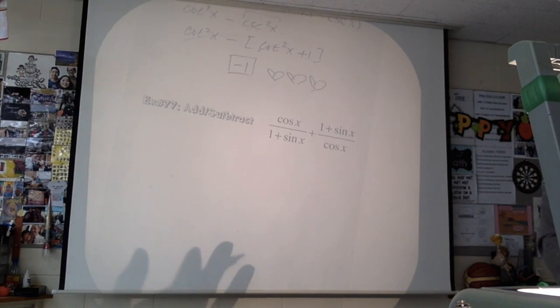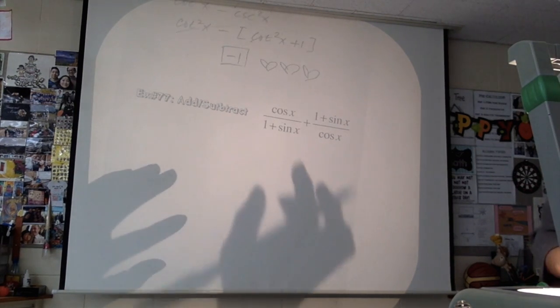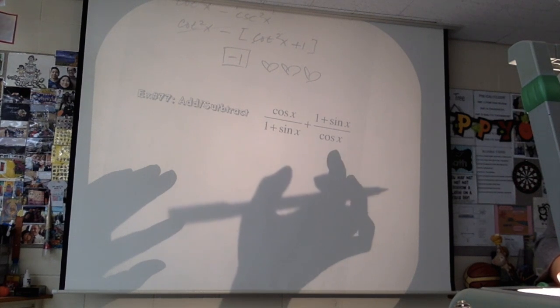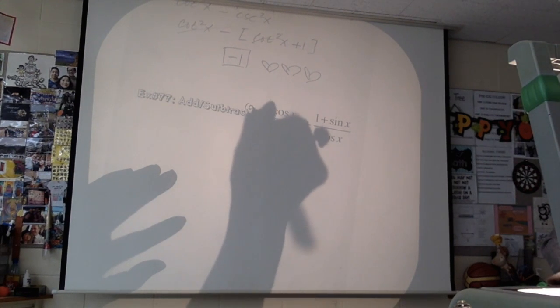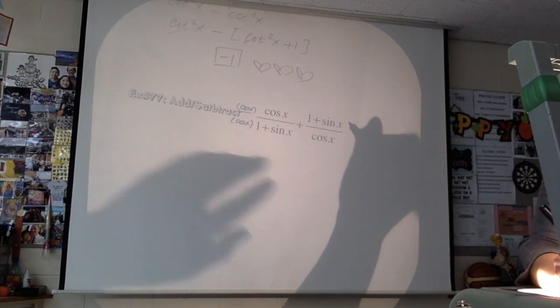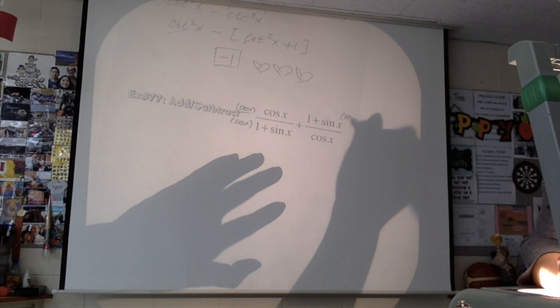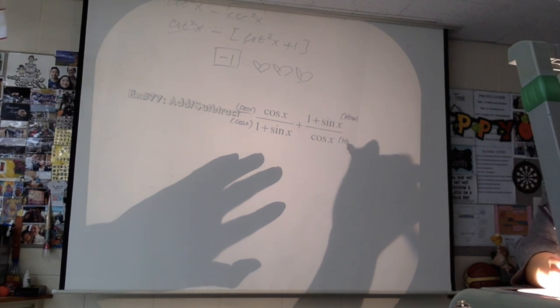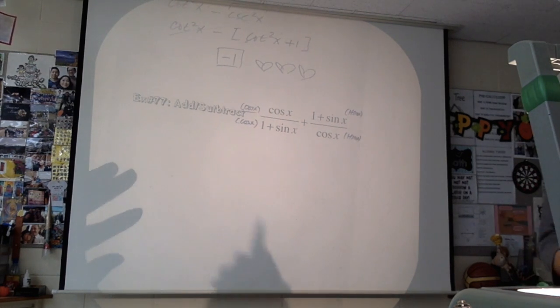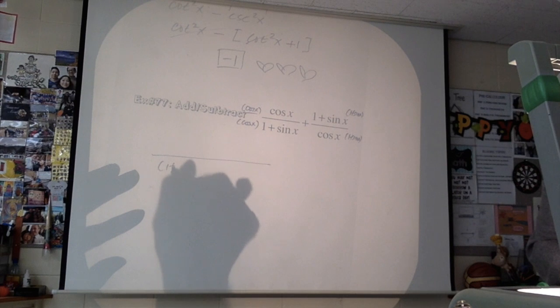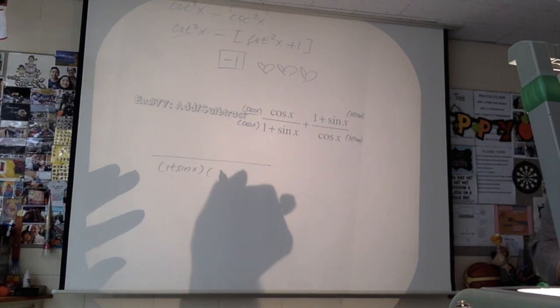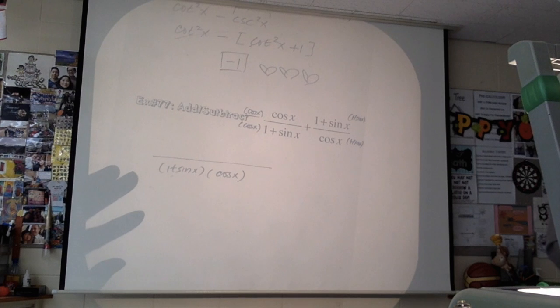Now here, they say add or subtract. Well, clearly you need common denominators here. You multiply top and the bottom here by cos x, and here by 1 plus sine x, because that's what the denominator has to be, right? So you're left with 1 plus sine x here on the bottom and cosine x, right? That's your denominator.